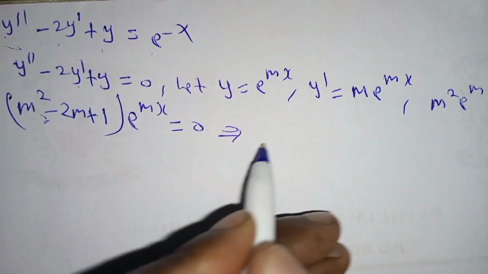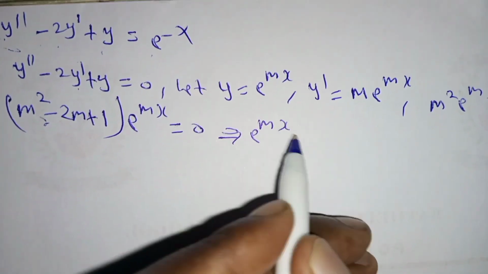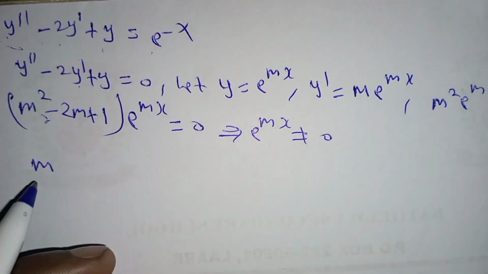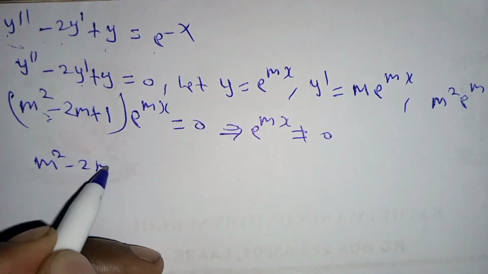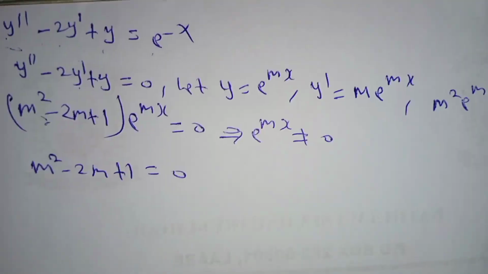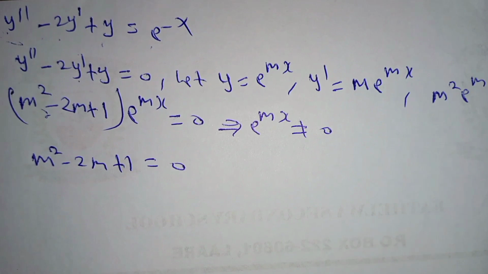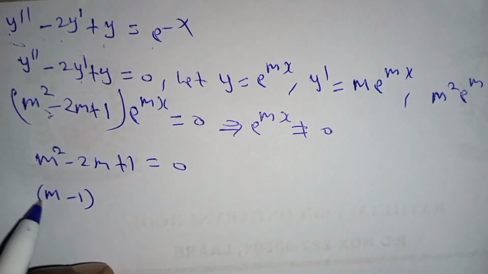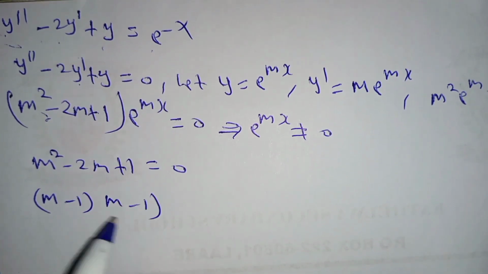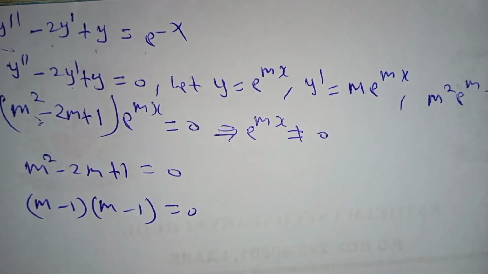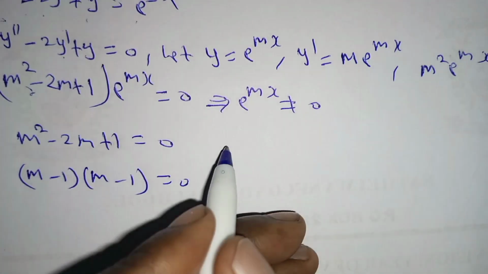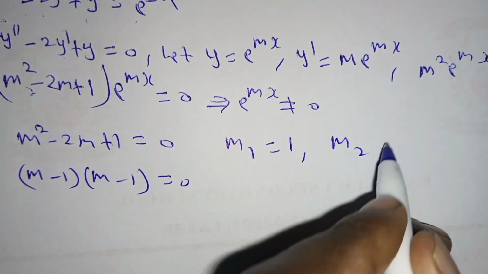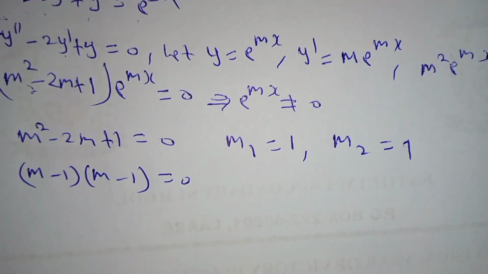Note that exponential mx can never be equal to 0, meaning that m squared minus 2m plus 1 is the one which is equal to 0. This is a quadratic equation which can be factorized as m minus 1 times m minus 1 equal to 0.